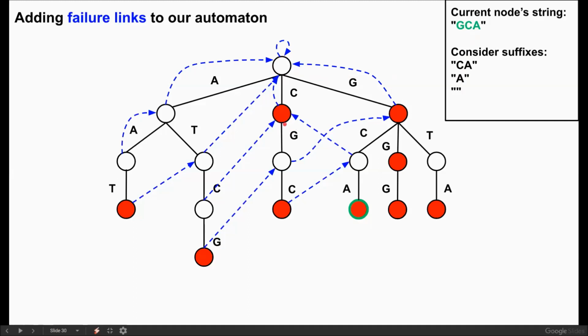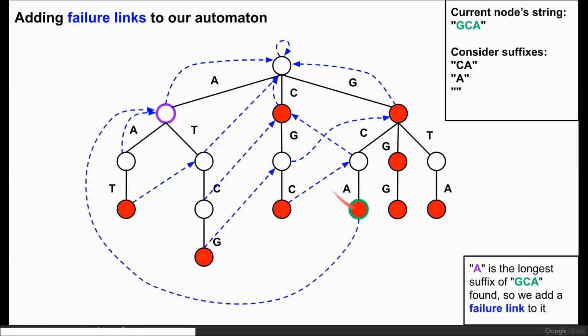So that means we know that CA is not in our automaton. So we move on to the next suffix to look for, which is A. So let's go back to the root node and ask if A is a child, and it is. So we follow that edge, and we've found the longest suffix of GCA that exists in this automaton. So we draw a link from GCA all the way over to A.